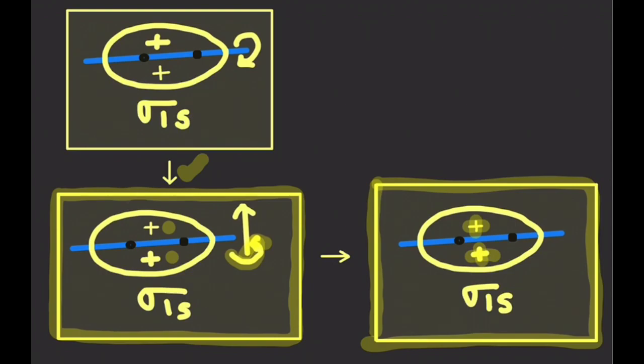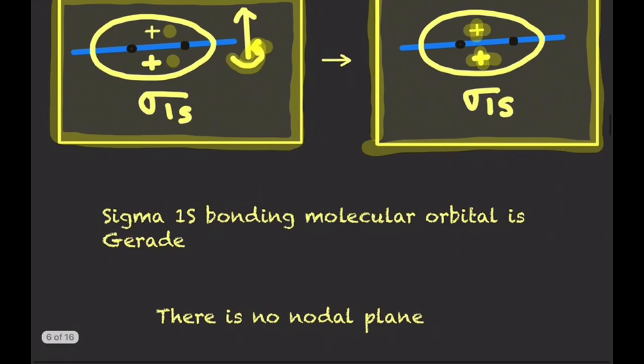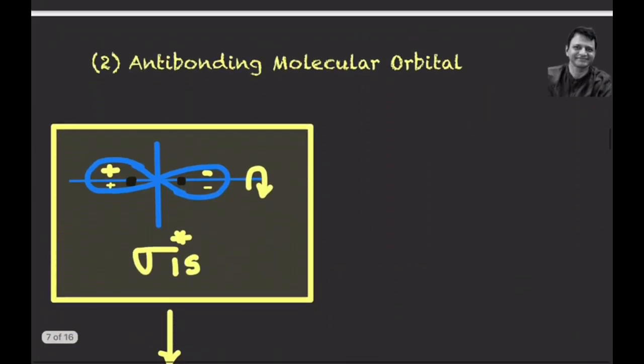So there is no change in sign on rotating this molecular orbital along the line passing through the nuclei of 2 atoms, as well as another line perpendicular to it. If there is no change in sign, we say this is gerade. Sigma 1s molecular orbital is gerade, and we can see that between the nuclei of 2 atoms there is no region where electron density is 0. So there is no nodal plane in the case of the sigma 1s molecular orbital.